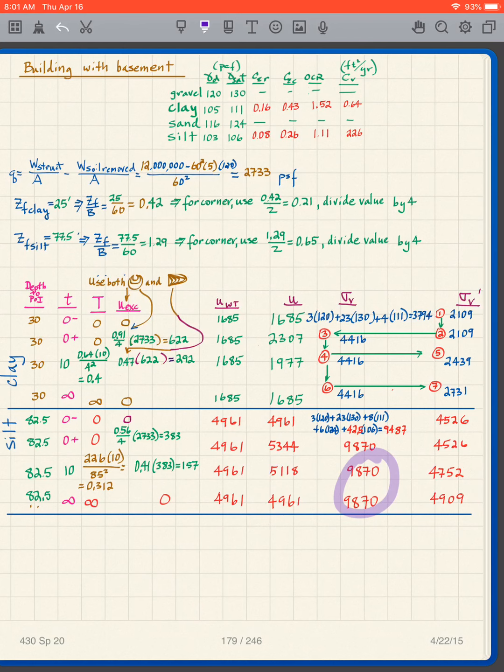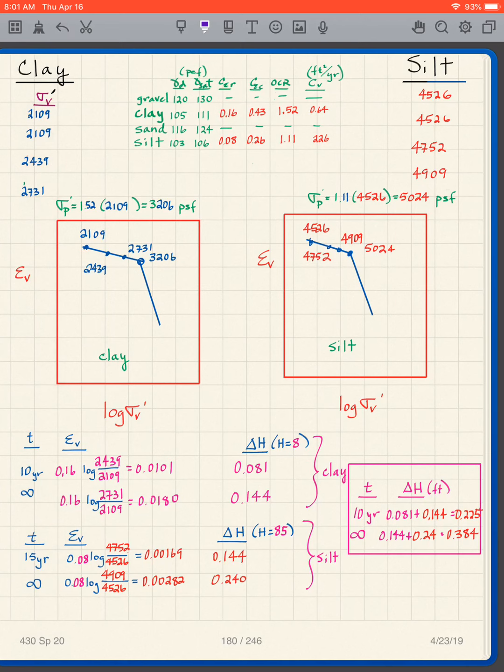So the same thing that we've been doing. I take those stresses, and these are the stresses in the clay. These are the stresses in the silt.